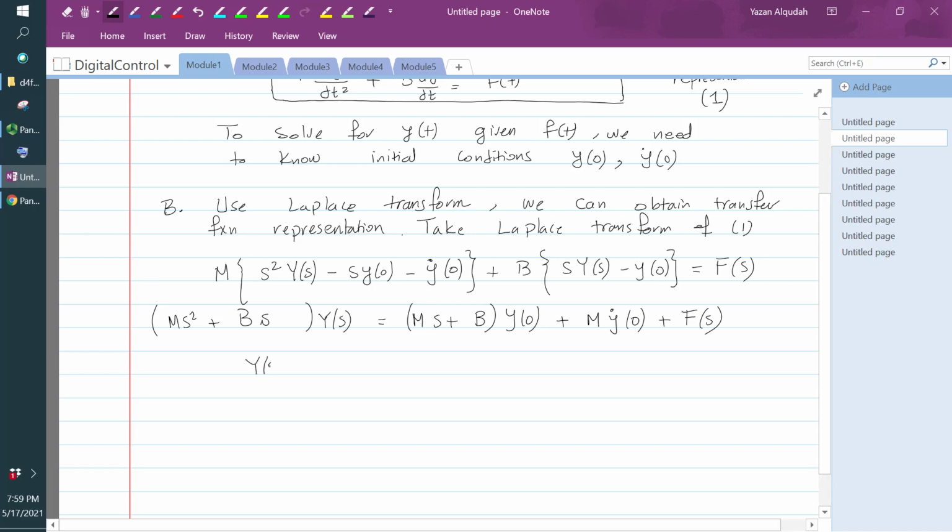I'm going to get y of s equal to 1 over s multiplied by y of 0 plus m multiplied by y dot of 0 divided by ms squared plus b multiplied by s, and plus 1 over ms squared plus b multiplied by s multiplied by f of s.